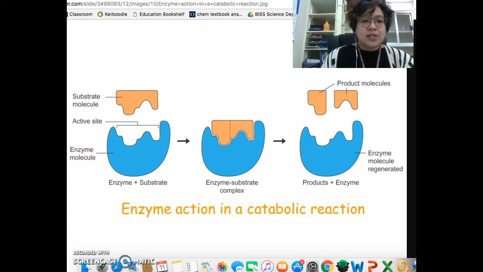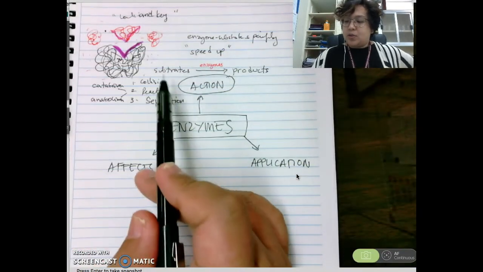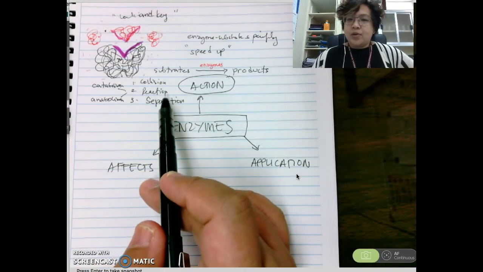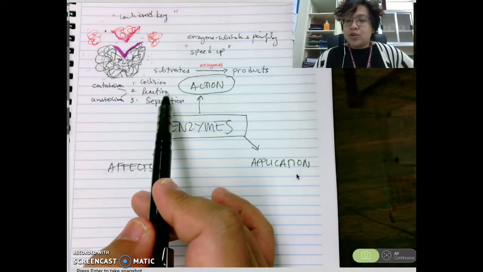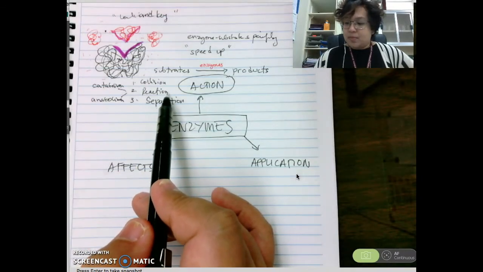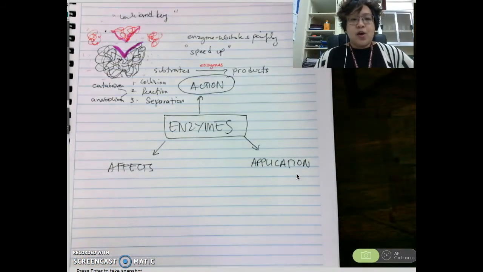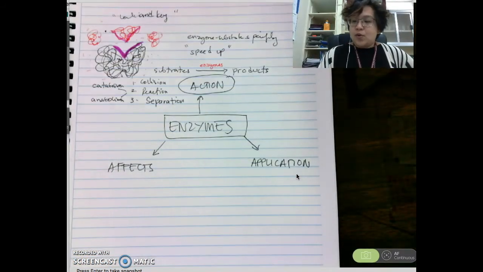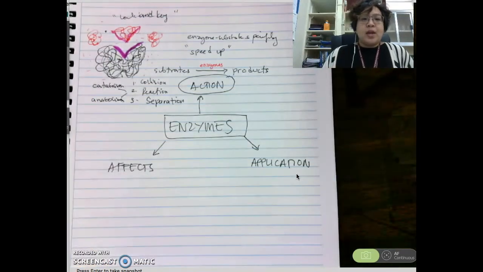Okay, let's go back. So enzyme action: collision between substrate and enzyme, reaction within the substrate, either to form a bond or to break a bond, loosen up a bond, and then separation of your substrate from the enzyme. So this useful aspect of your enzyme can be affected by 3 factors.